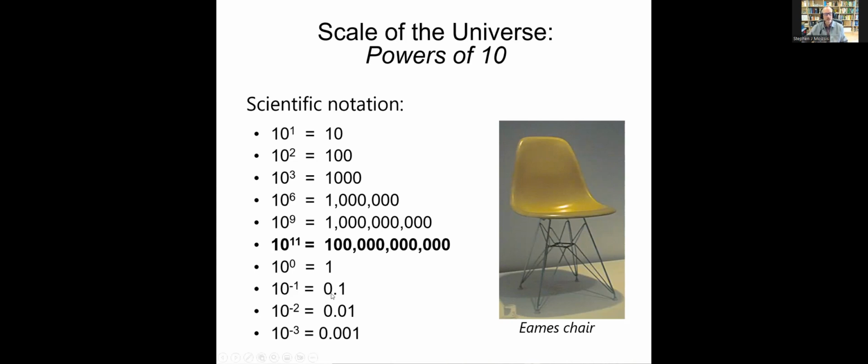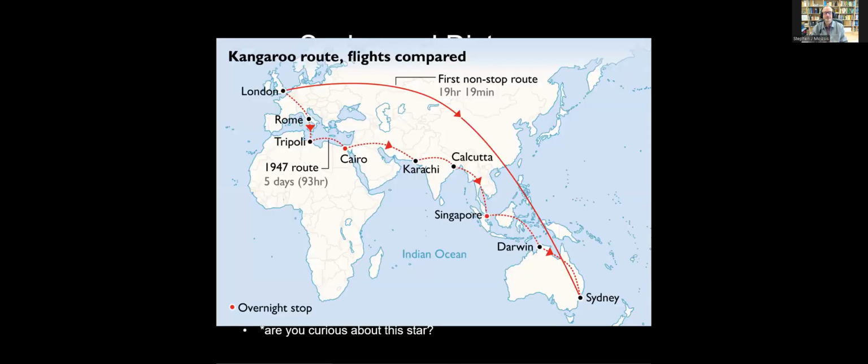So 10 to the minus 1 is simply moving the decimal place such that we're in the tenths place. And then next would be into the hundredths place or percent. And here in the thousandths place or in the per mil, parts per thousand place.